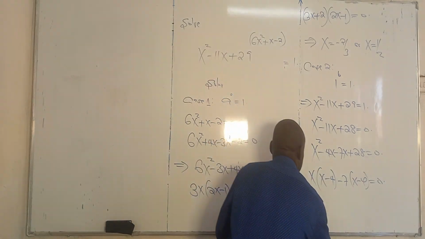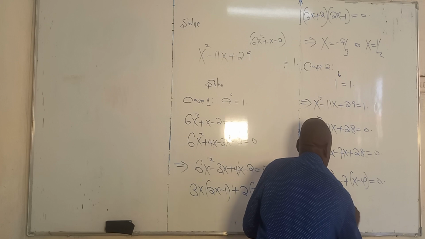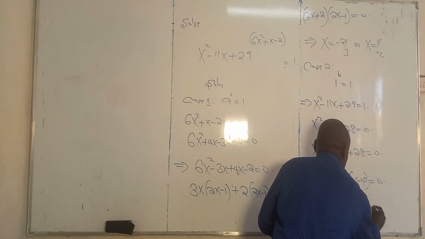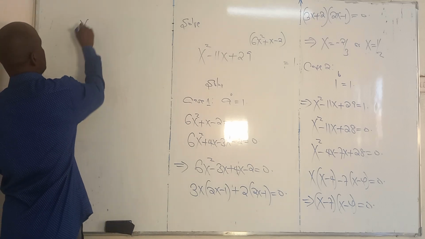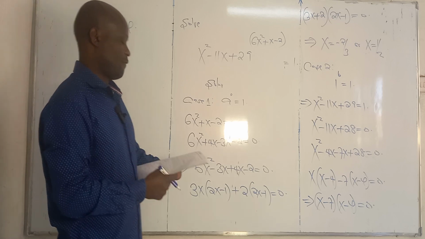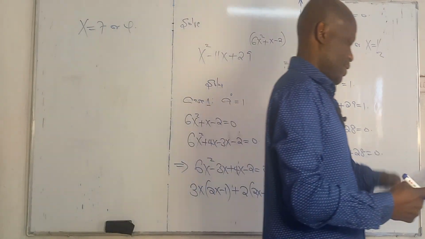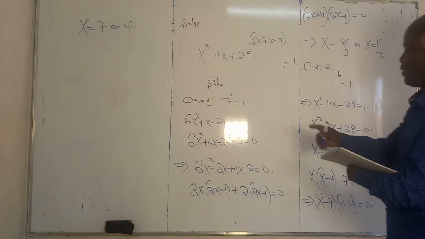So this means that I have x minus 7 into x minus 4 is equal to 0. That means that x in that case should be 7 or 4. Yeah, x is 7 or 4.